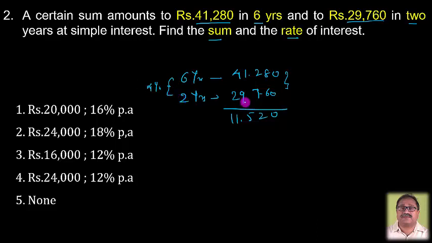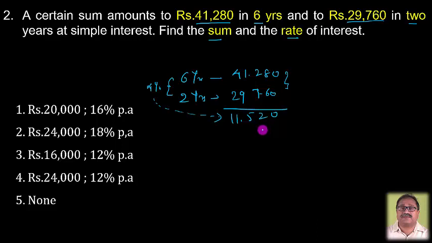Because at 2 years, sum was 29,760. At 6 years, the sum was 41,280. So the difference is 4 years. And the difference between this amount is 11,520. This indicates that this 11,520 is the interest for 4 years.